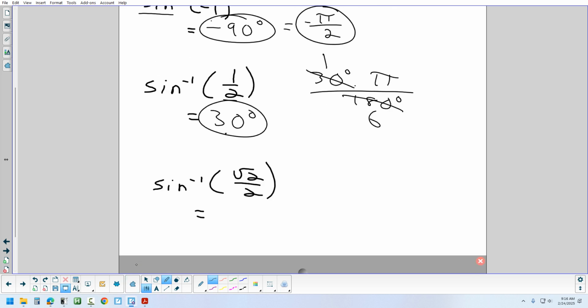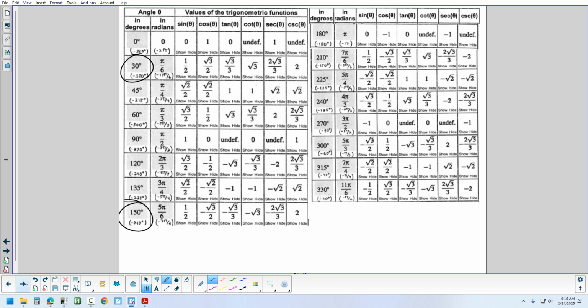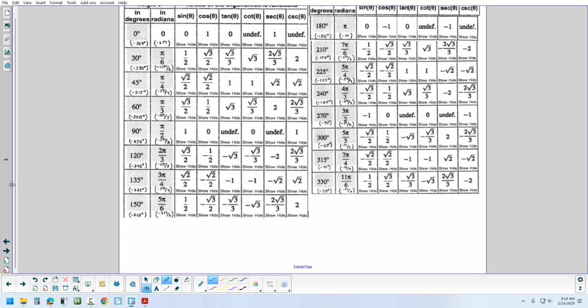Let's try this one. Inverse sine of root 2 over 2. Now don't forget what you're really doing.